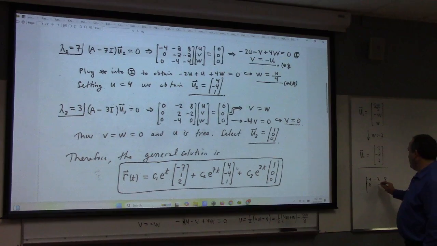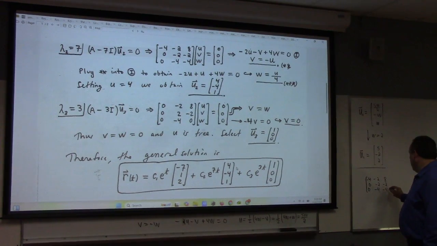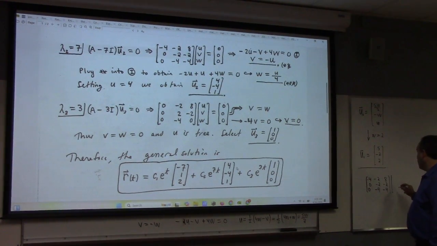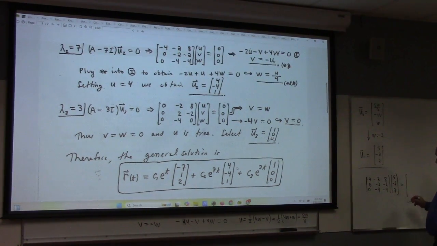0. If I wanted to give a more robust check, I would multiply the matrix times this vector and see if I actually did get 7 times the vector. What I'm doing right now is not the best check, because if I made an error in setting up the matrix 7 minus a minus 7i, then I'd still be married to that error here in my check. But did it work? Did we get 0 here?